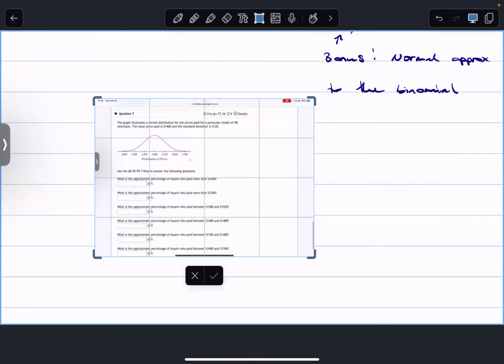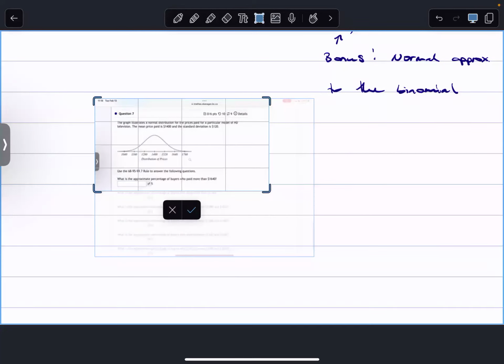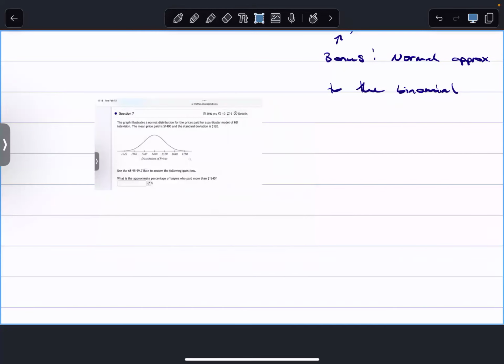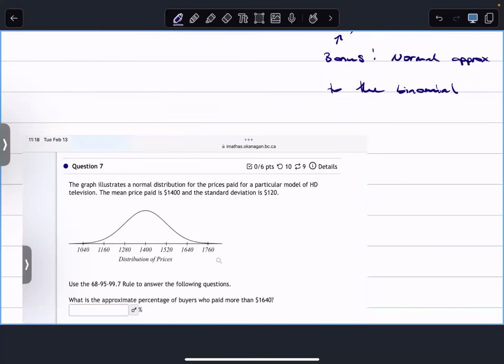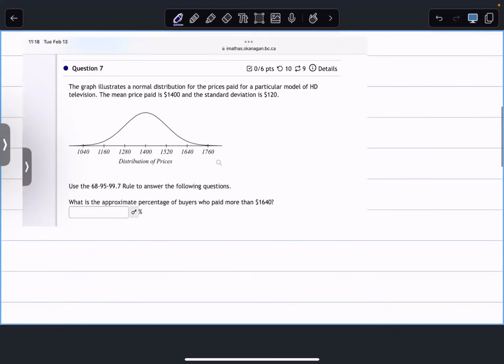Let's crop this here. Let's say assignment 7. Oh, there. Okay, so let's see here.